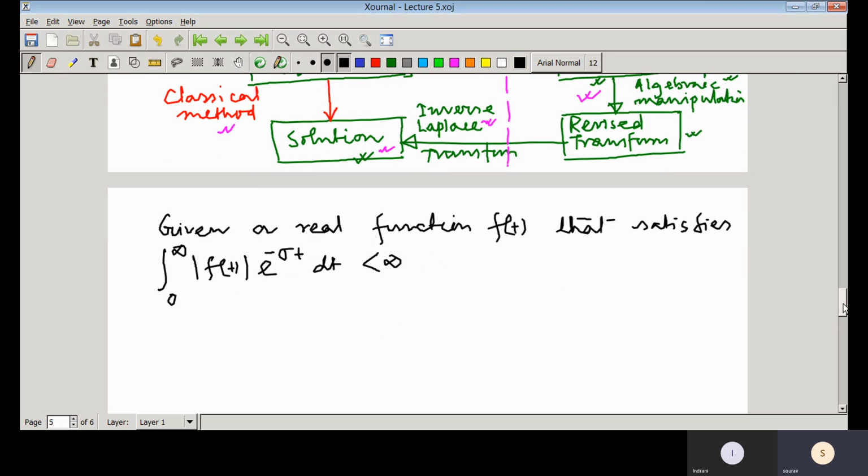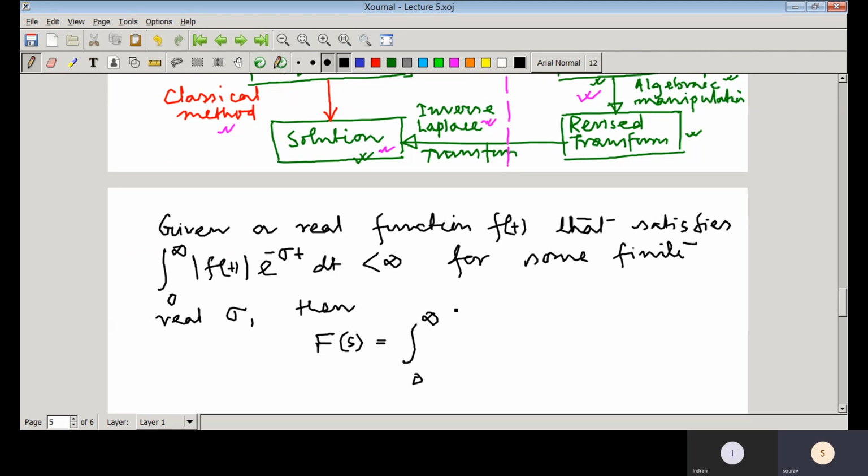So then this is that, for some finite real sigma. Then F(s) equal to the integral of f(t) e^(-st) dt. So this is actually represented like this. This is the Laplace transform.